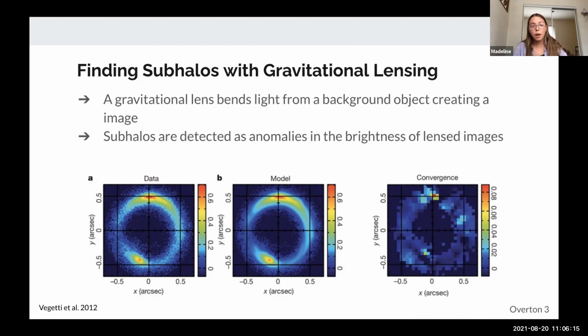Then we construct a model of what kind of lensing image would be created by a dark matter halo with no subhalos. And then when you subtract off the model from your actual data, it reveals lensing due to just the subhalos. And this is exciting work because it allows the simulations of dark matter and the substructure to be compared to what's actually out there.